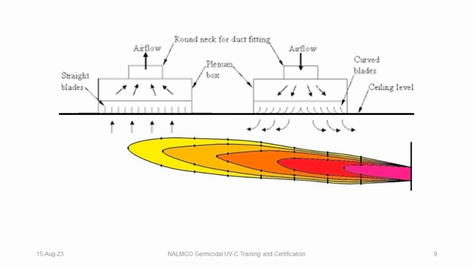So here we've installed the unit 7 feet from the bottom of the fixture down to the floor. So from 7 feet to 10 feet, we have 3 feet of volume that we can irradiate.